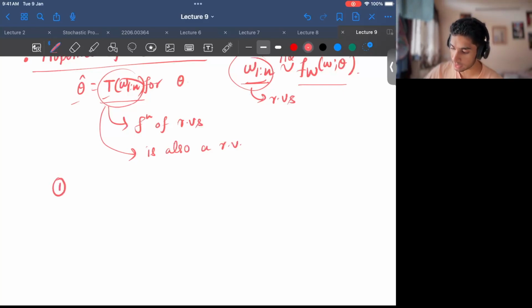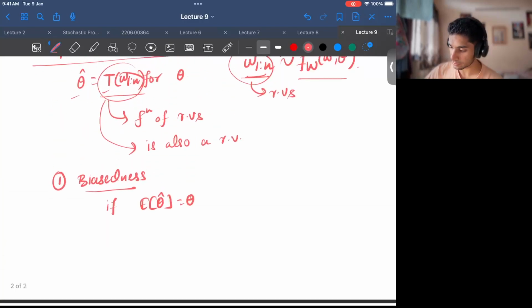First property is biasedness. What does it mean? If the expected value of theta hat is equal to theta, then T is said to be unbiased, right?